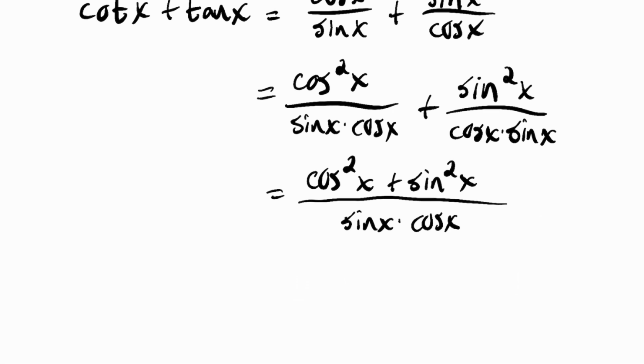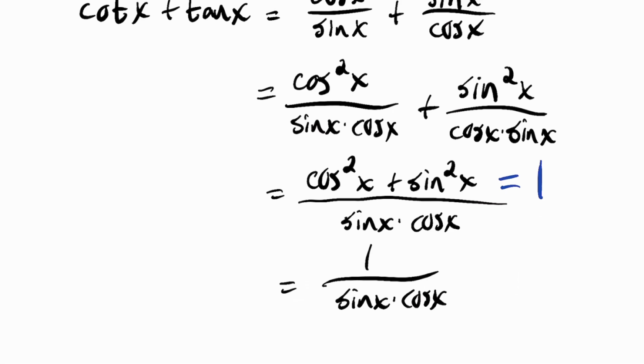Looking at the numerator, you might see right away what to do. This is one of the Pythagorean identities. Cosine squared of x plus sine squared of x equals 1. That numerator is 1. So this is equal to 1 over sine x times cosine x.